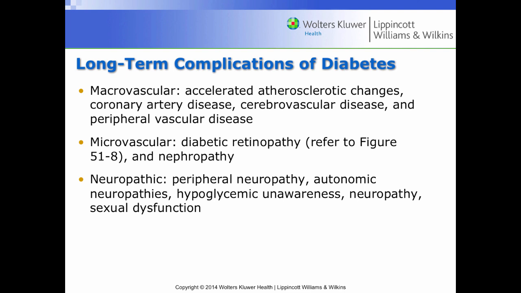And what happens is the peripheral nerves that are the longest tend to be affected first. So what you tend to see is what's called peripheral neuropathy, meaning that the sensory nerves that convey fine touch and pain to your hands and your feet become dulled.